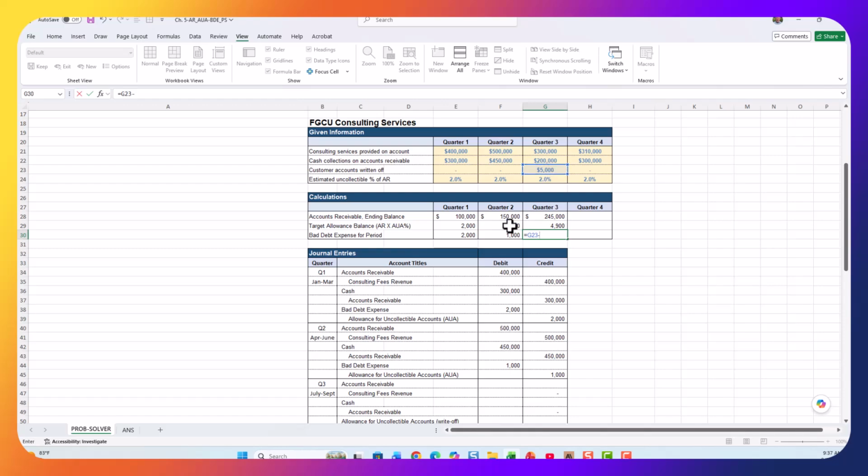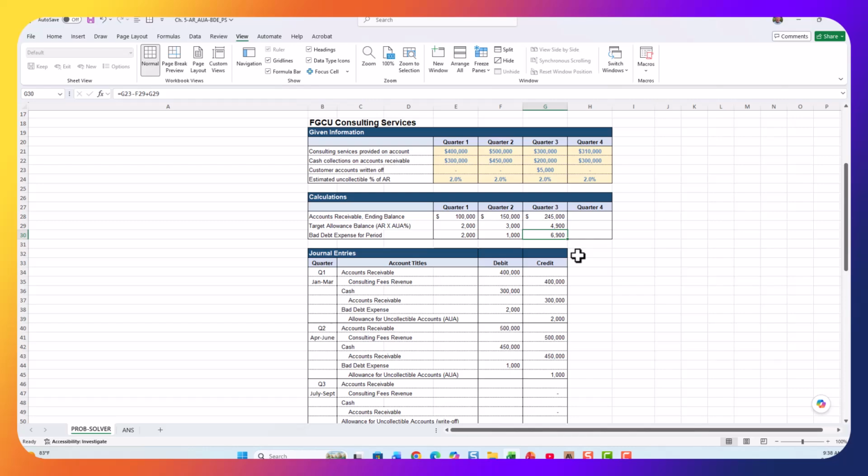We need to subtract the $5,000 account that was written off during the period. That gives us a debit balance in our AUA account of $2,000. To reach the target balance of $4,900 credit, we need to add the two amounts together.